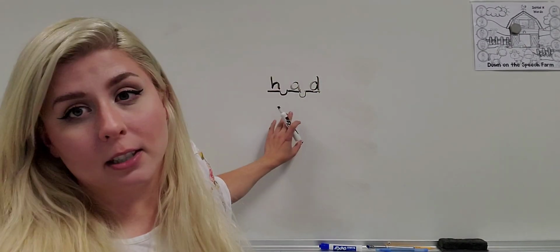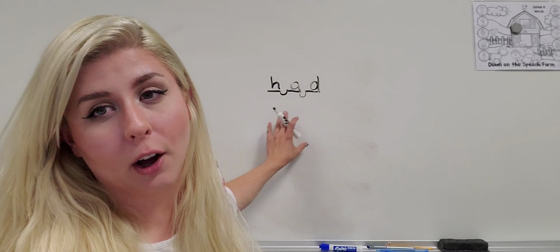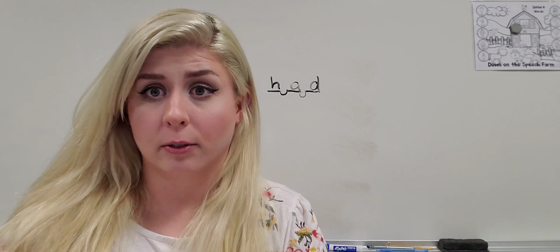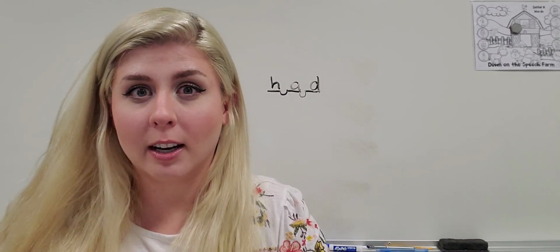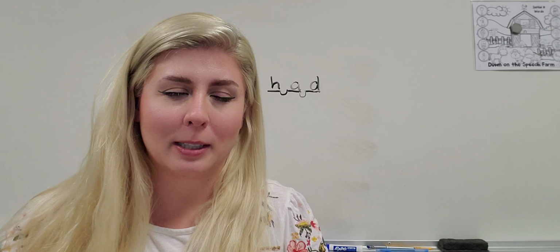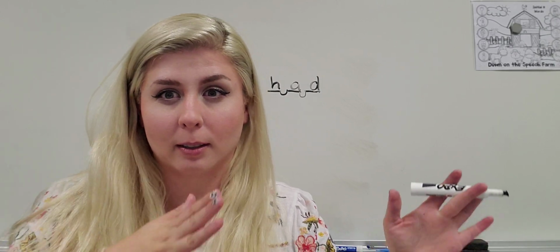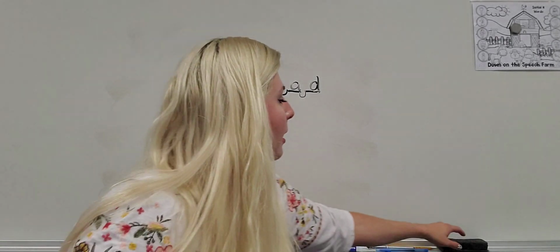Usually I have to blend all of the sounds together. Had. And that's just the first time that they're introduced. A lot of my kids, because we're at the beginning of the year, are doing this strategy for the first time. So over time, as we do the strategy more, they'll be able to blend a little better. Everything will become a little bit easier with practice.